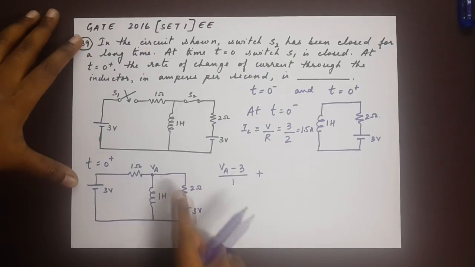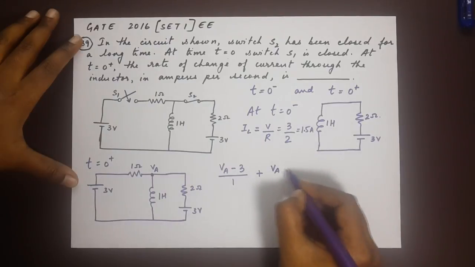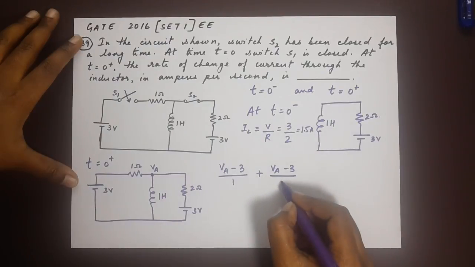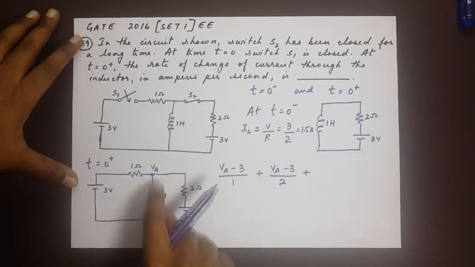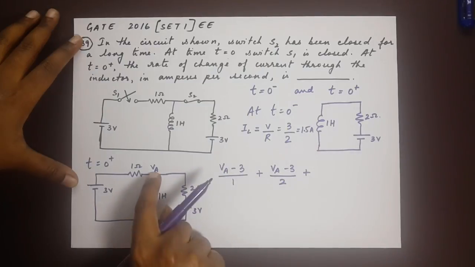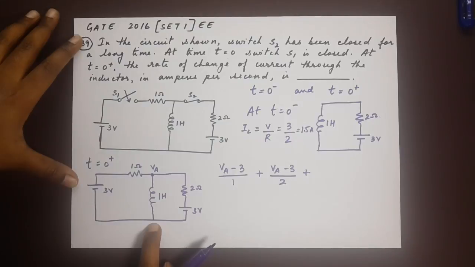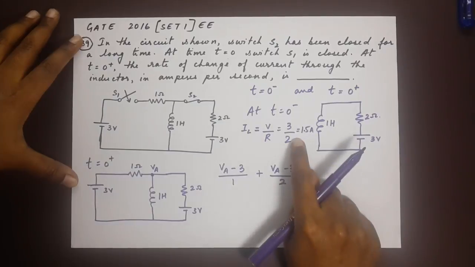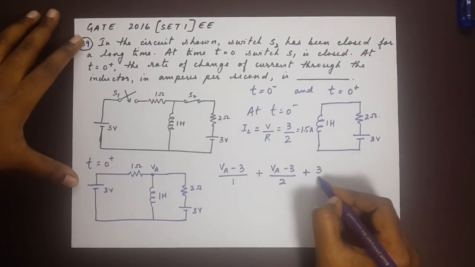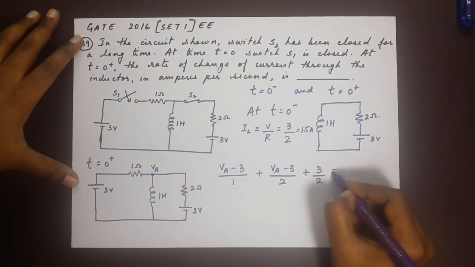So this is VA minus 3 divided by 2. Plus we have the voltage over here. So that's VA minus 0 because this is 0 potential. So it would be VA divided by, we already have the current in this branch here. We have found that to be 3 by 2.